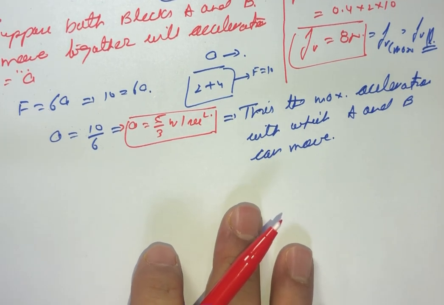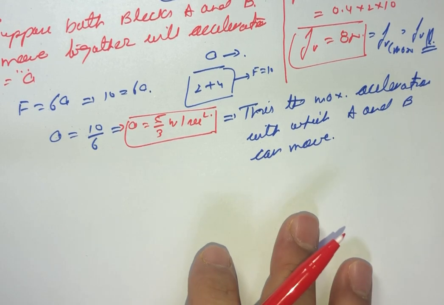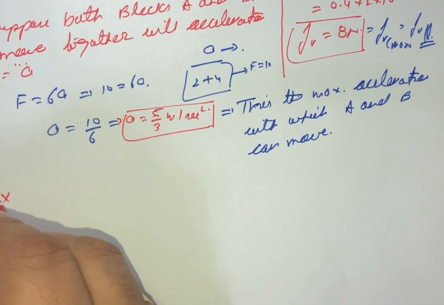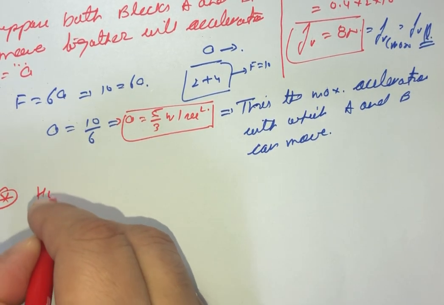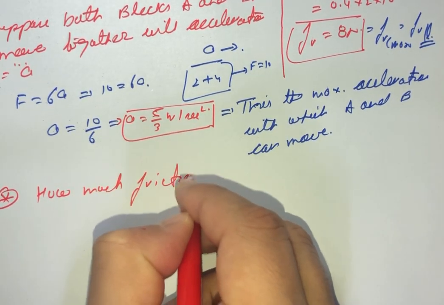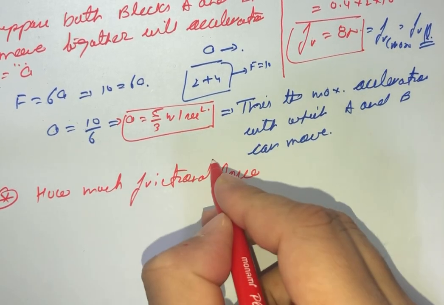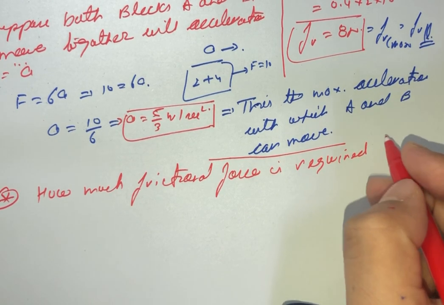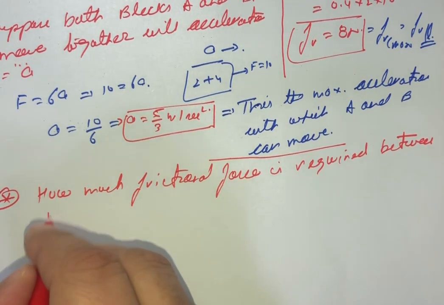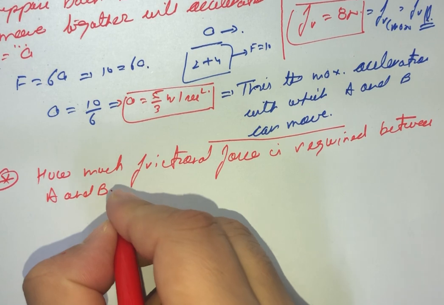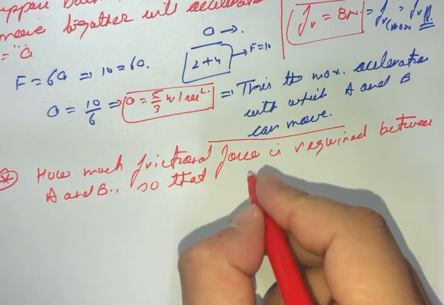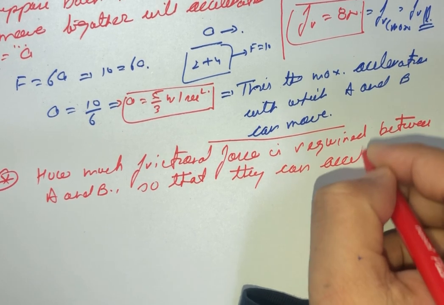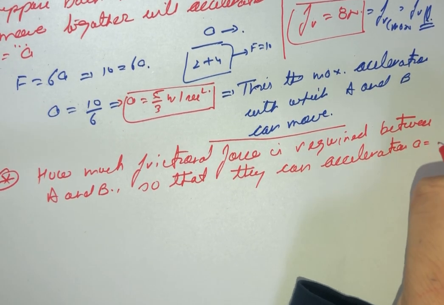Now next, let's find out whether this acceleration will be supported, that is, how much frictional force is required between A and B so that they can have acceleration a, which is 5 by 3.